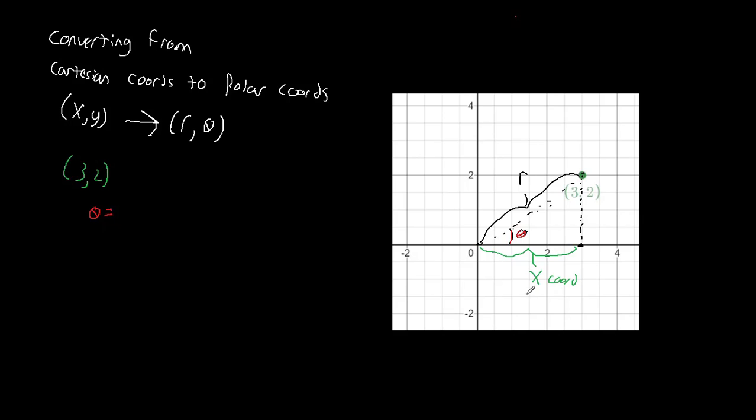This length here is x, so in this case that's going to be 3. We also know that this length right here is the same as the y coordinate, which is going to be 2 in this case. So we know the length of the opposite side, and we know the length of the adjacent side of our angle theta here.